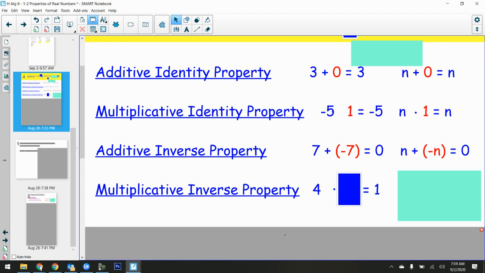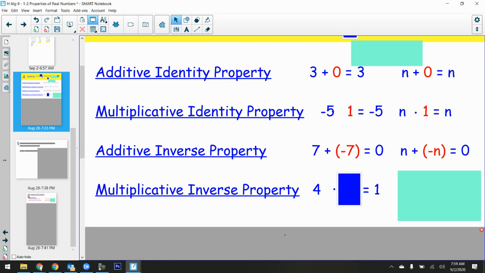Okay, so let's talk about the multiplicative inverse. What gets us back to the identity? If I'm talking about the multiplicative inverse, I want to get back to the multiplicative identity, which is 1. I don't want to go back to 0, I want to go back to 1. So what do I multiply by?